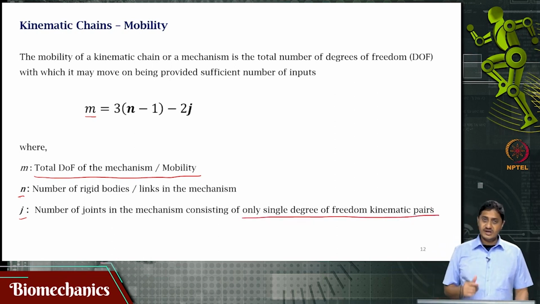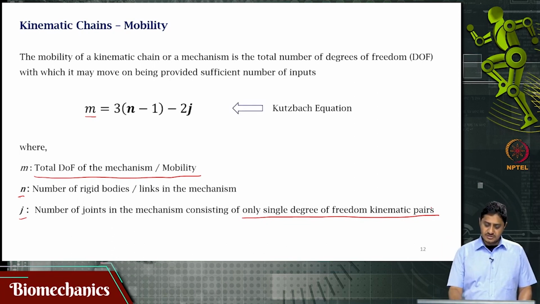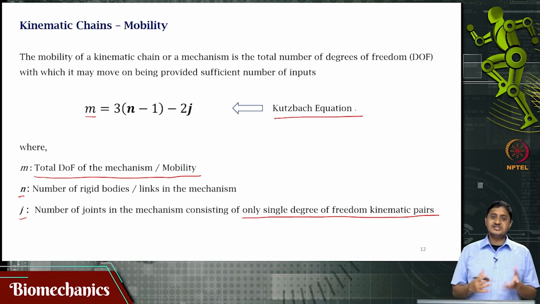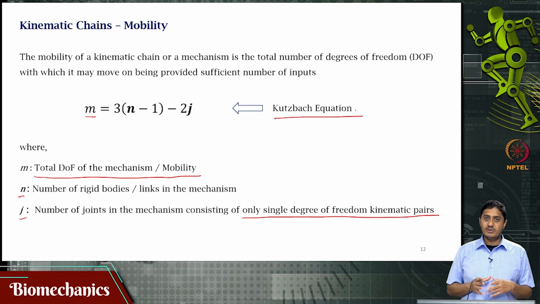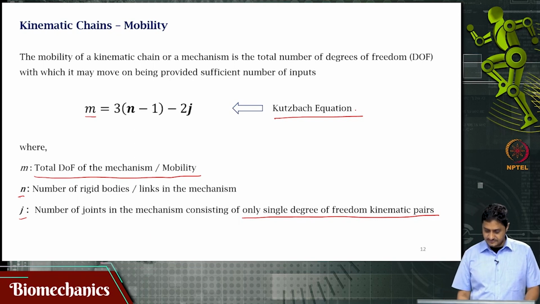This equation describes the relationship between mobility, the number of links, and the number of joints with 1 degree of freedom kinematic pairs. This equation is called Kutzbach's equation.